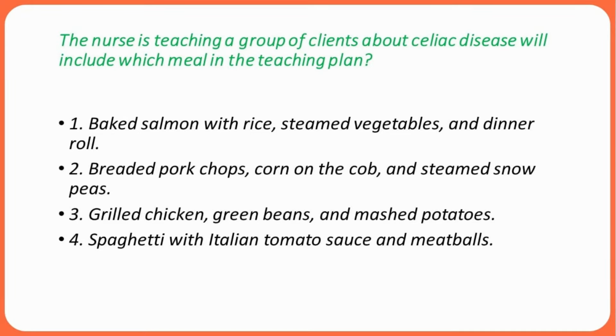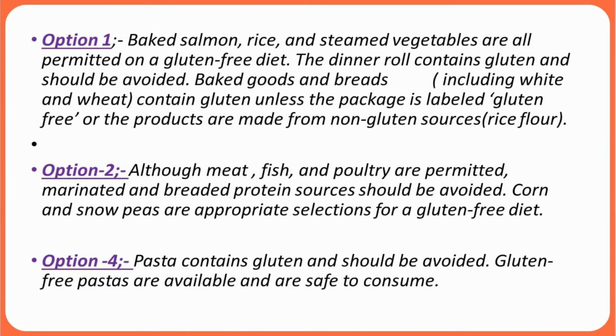Now the second option is breaded pork chops, corn on the cob and steamed snow peas. Anybody can guess what the trick is in this option? See here it says breaded pork chops. What will we be using to make those breaded pork chops?